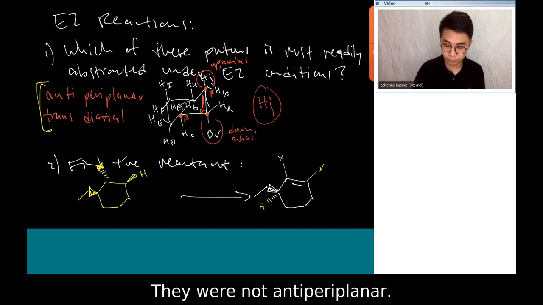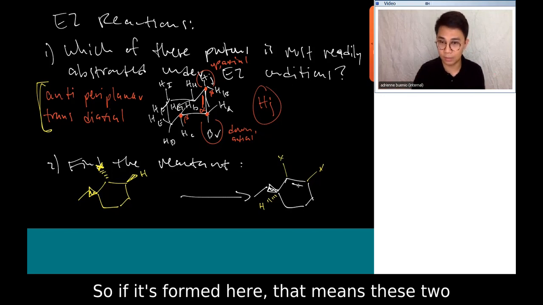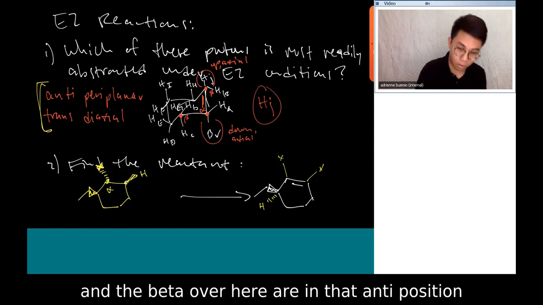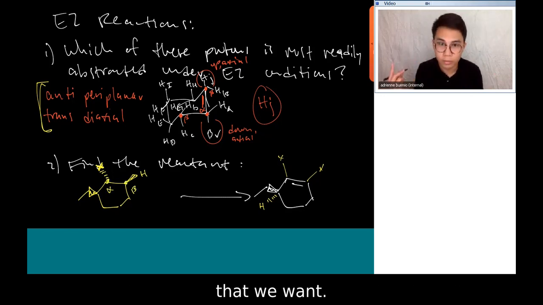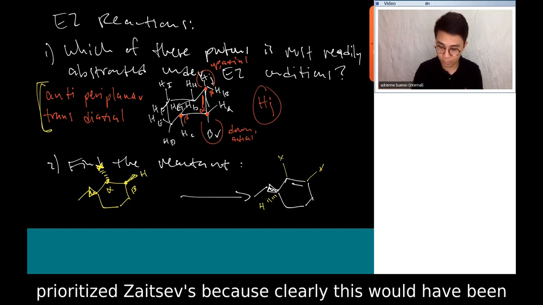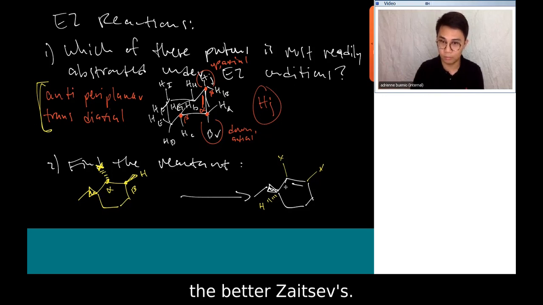If it formed here, that means the alpha over here and the beta over here are in the anti-position that we want. And this is where I was saying that trans-diaxial is prioritized over Zaitsev, because clearly this would have been the better Zaitsev, right?